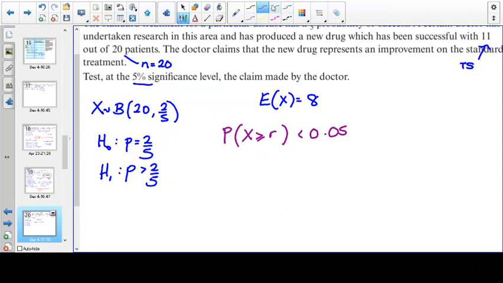I'm just going to draw my little number line again. So there's 0 patients, then there's 20. The expected number of patients is 8.